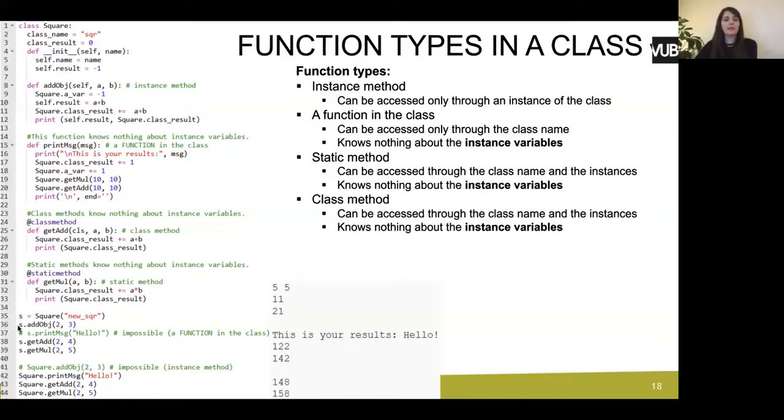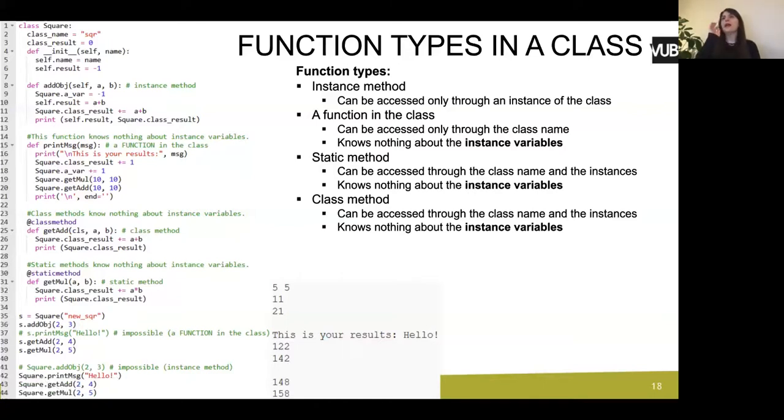Let's see here. I created this one. I called the instance method. I tried to call a function in the class using the name of the instance. It was not possible, but I can call the class method and the static method using the name of the instance. I cannot call the instance method using the name of the class, but I can call the rest using the name of the class.